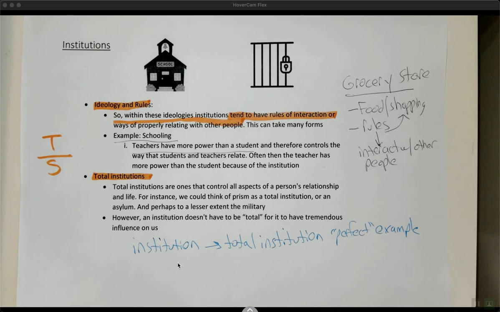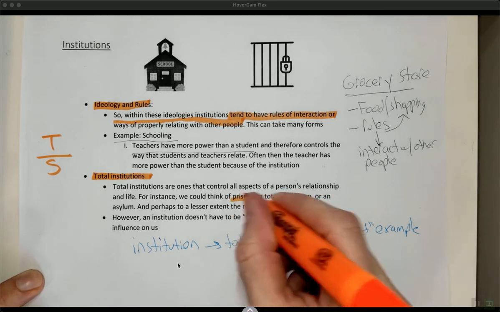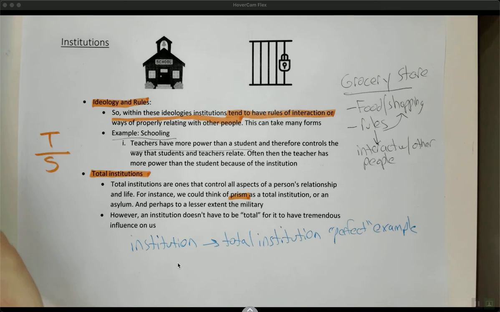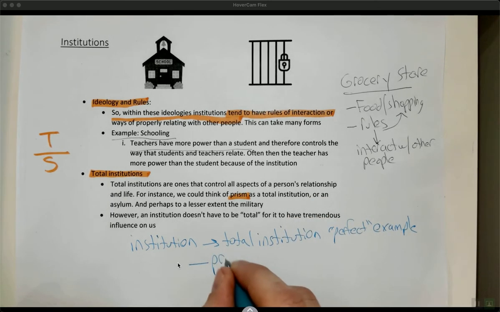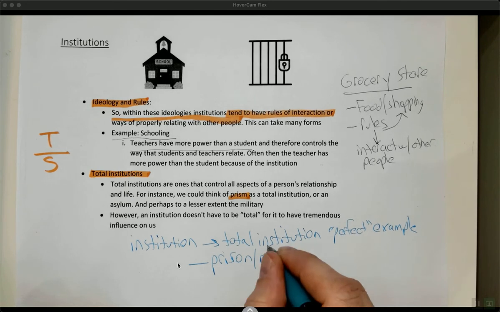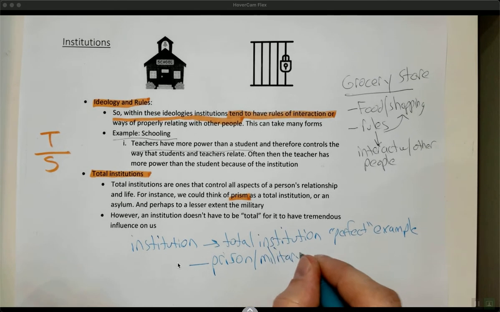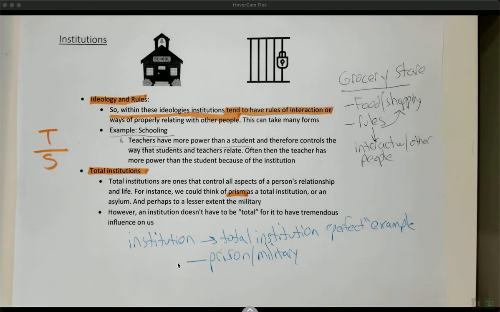So one of the main ones we talk about in sociology is often prison. Prison is often thought of as a total institution, maybe to a lesser extent than military. So when you think about these things, sociologists think about a prison because every aspect of your life is regulated. When you get up in the morning, go to sleep at night, you're all within the same institution.